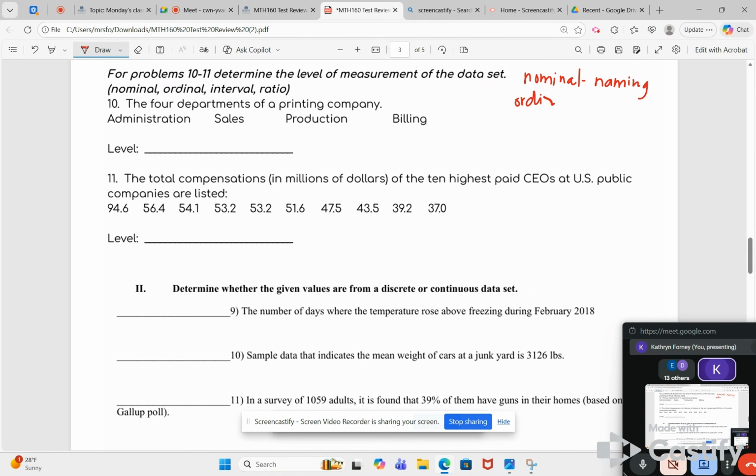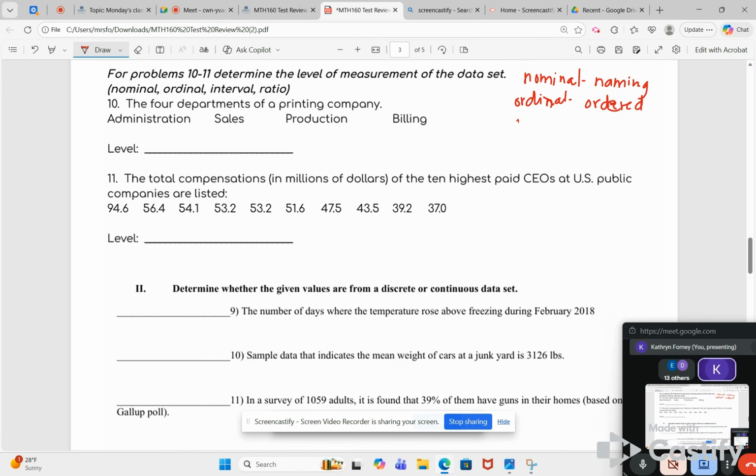Ordinal, it can be ordered, but you can't calculate differences. So think about like you could order your grades A, B, C, D, but you can't calculate the difference there.